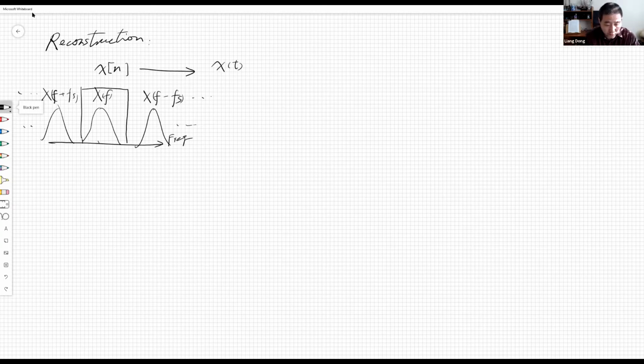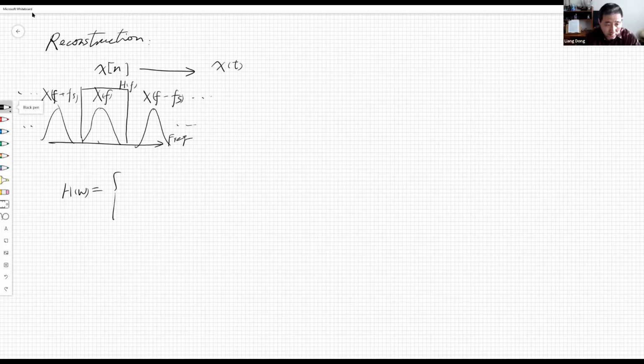So for this reconstruction, we have H(omega), which is my rectangular function, right? H(omega), H(f), that's the same. Omega is 2 pi f, that's just the frequency variable. So H is a function of frequency, and this is my H(f) or H(omega), my rectangular box.